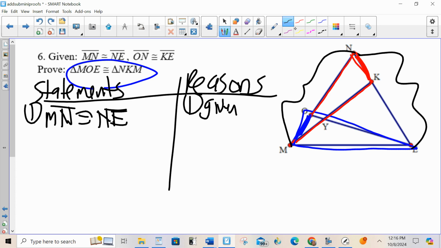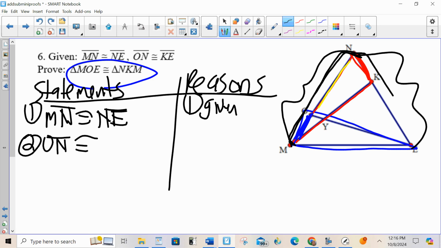This is what I have. I want the blue. So what do I need to take away? I need to take away this yellow piece, ON. So I need ON for MN, and for NE, I have this. I want this, so I have to take away this piece, KE.